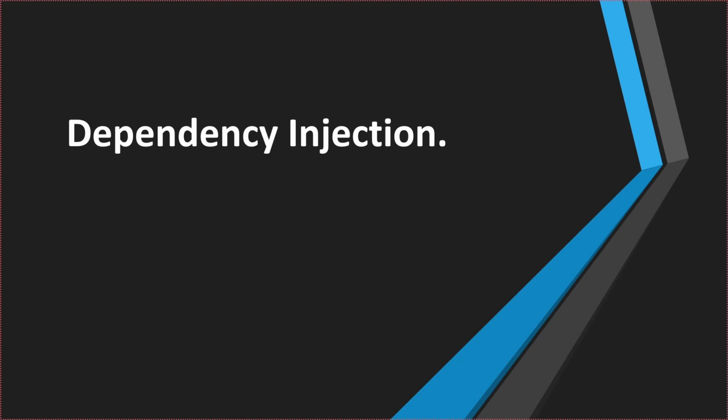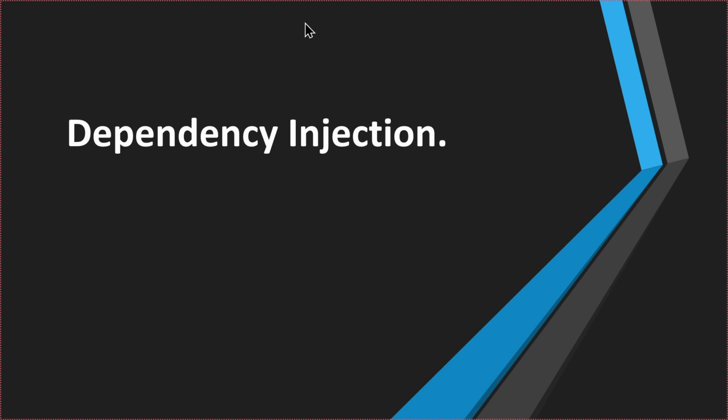Moving on to dependency injection, we will have to know something called a Java Bean. A Java Bean is a reusable software component that follows specific conventions regarding its construction, properties, and behavior.